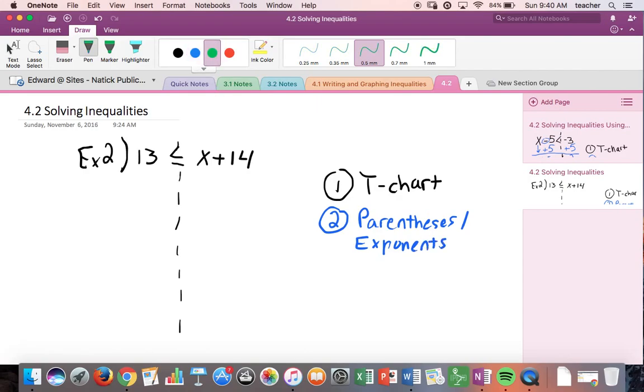We don't have either of those two, so we move straight along to step 3, and step 3 is to look for addition or subtraction.